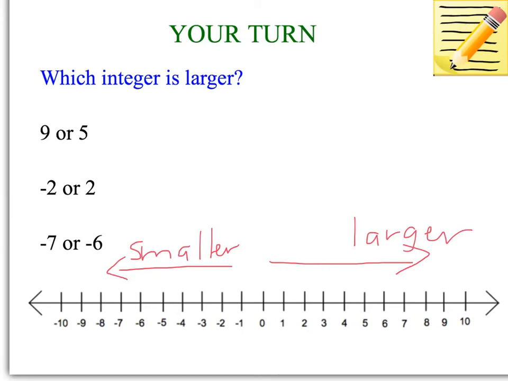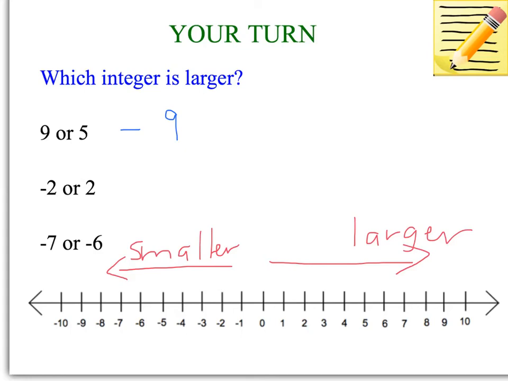Alright, so let's see how we go with these ones. So obviously the difference between 9 and 5, we know that because we work with positive integers all the time. So we know that 9 is larger. So 9 would be the larger number there. Alright, but what about negative 2 or 2? So when we're looking at these numbers, the ones to the right are larger, the ones to the left are smaller.